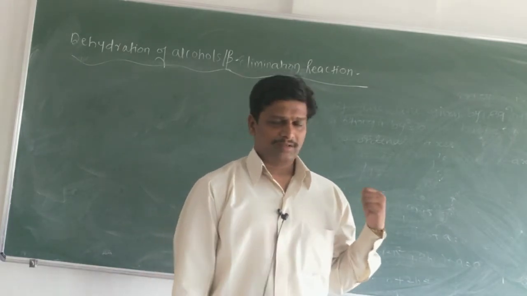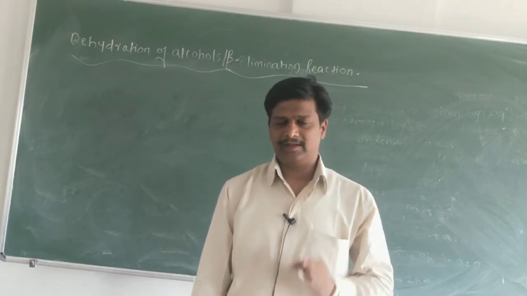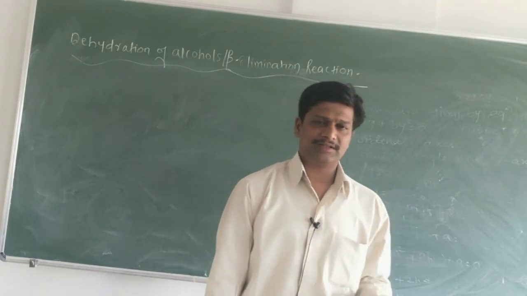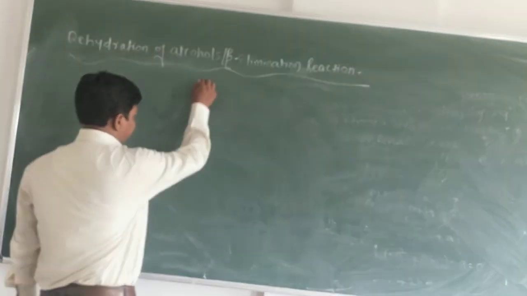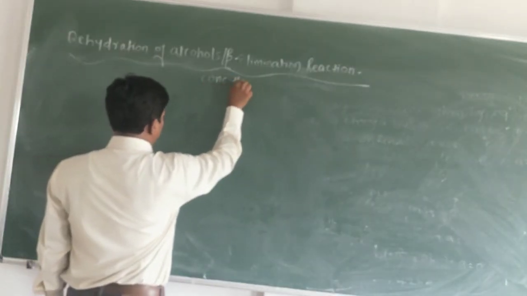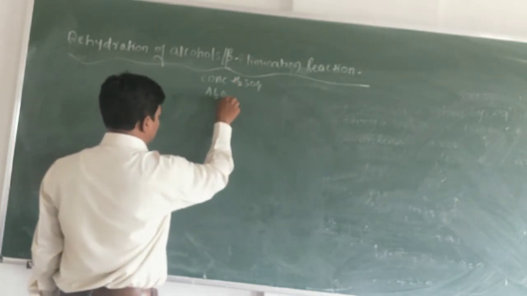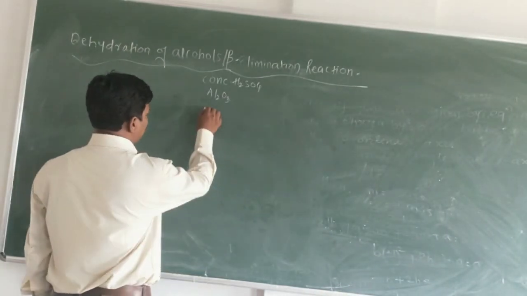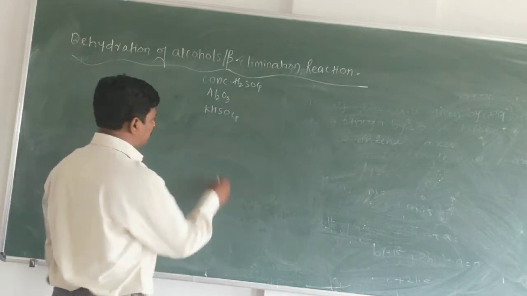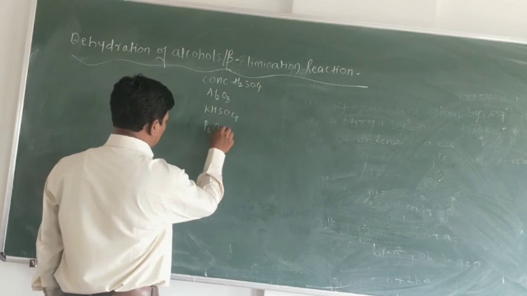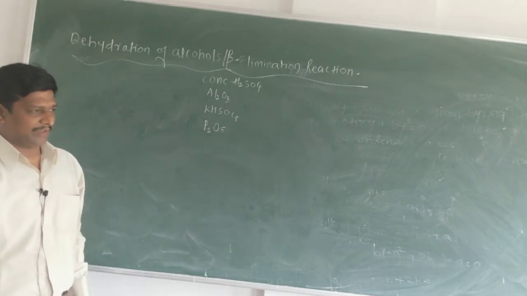Now I have told you that for the dehydration of alcohols, various dehydrating agents are used. One is concentrated H2SO4, second is Al2O3 alumina, which is also a strong dehydrating agent, third is KHSO4 potassium hydrogen sulfate, which also acts as a strong dehydrating agent, then P2O5 phosphorus pentoxide is also a strong dehydrating agent.